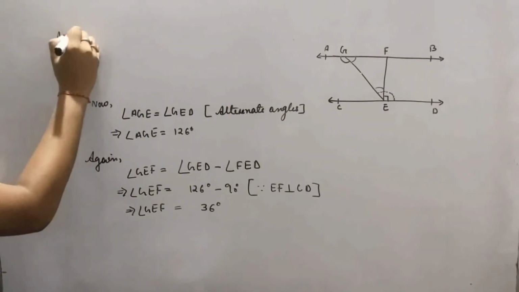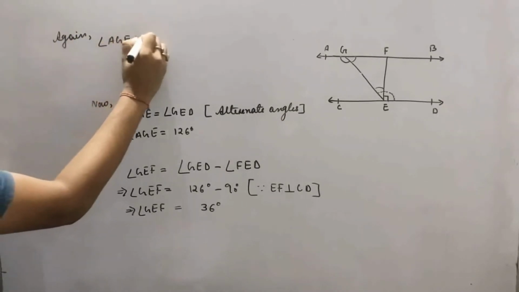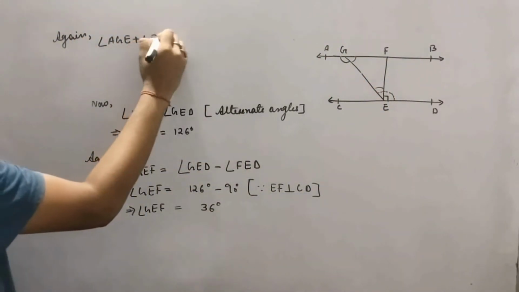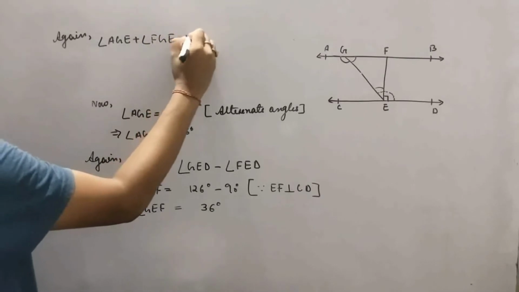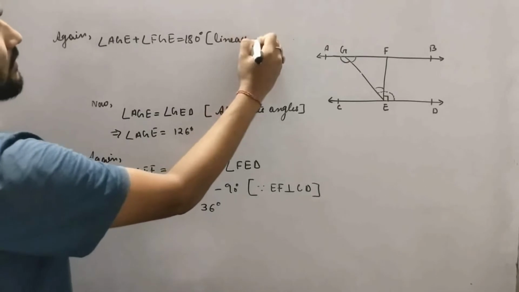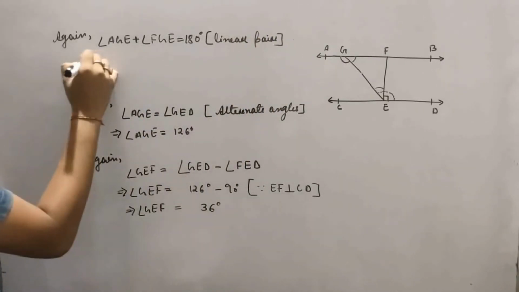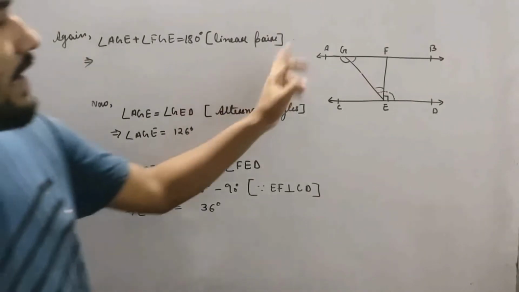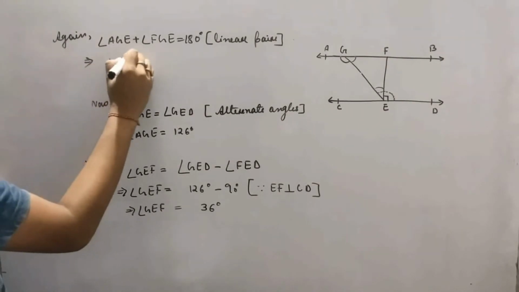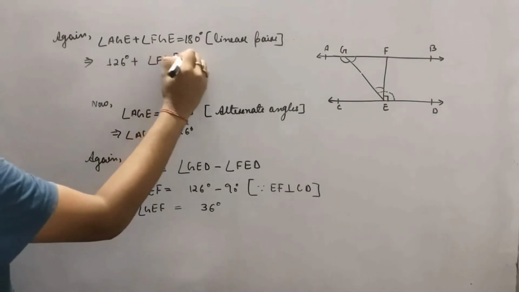So simply last step we will write now. Again, angle AGE plus angle FGE will be equal to 180 degree. This is linear pair, which implies angle AGE will be equal to 126 degree. 126 degree plus angle FGE we will find now, this one.